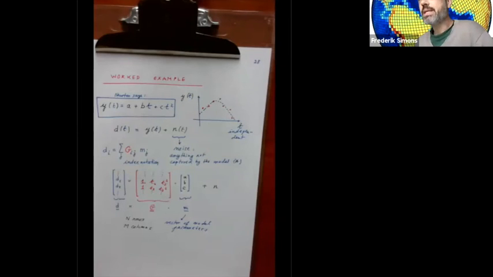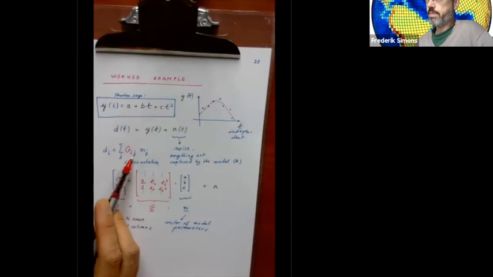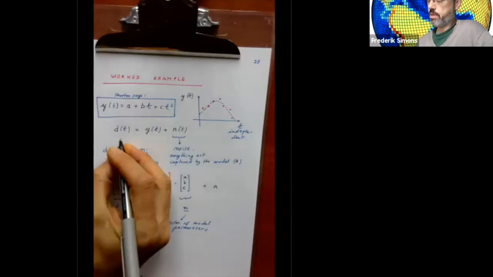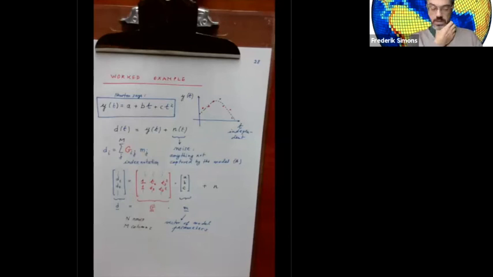And if it is the same index, it's a product, and that means you need to sum over those products. That's all wrapped in that notation. It's very easy in the end. And so the ith data point is the sum of the jth column element on the ith row of G with the jth element in the unknown parameter vector M. And I have big M model parameters.